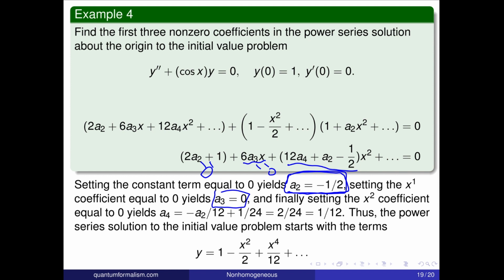So we have 1 over 24 plus 1 over 24, which is 1/12. So we did indeed find 2 more non-zero coefficients. We have the first 3 non-zero coefficients: 1, minus a half, and 1/12 on the 0, 2, and 4 terms, respectively.